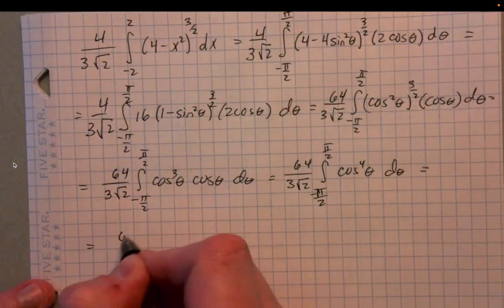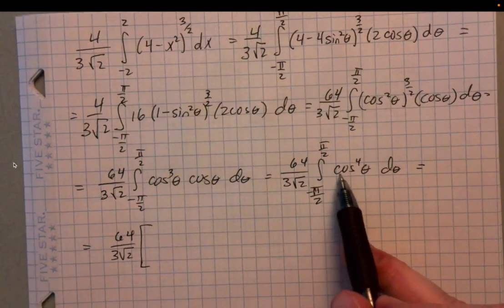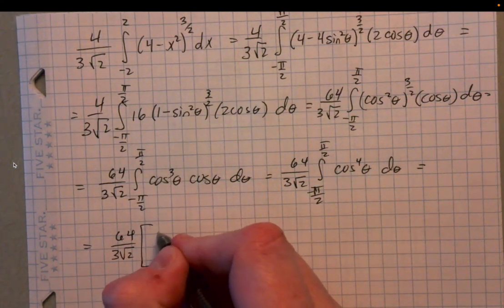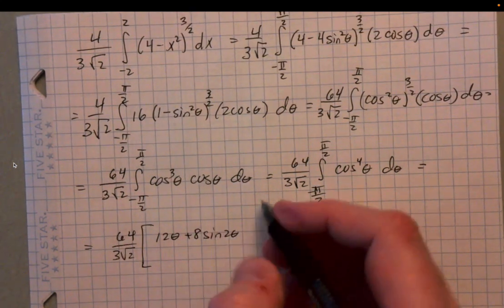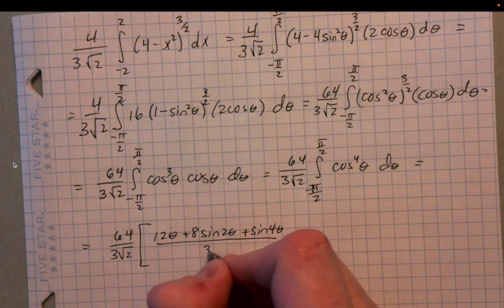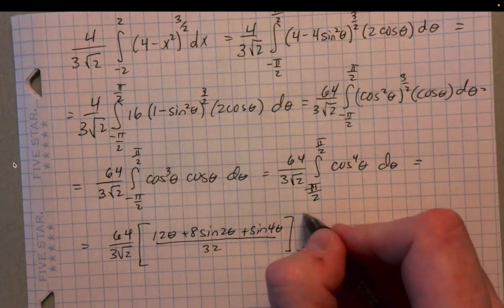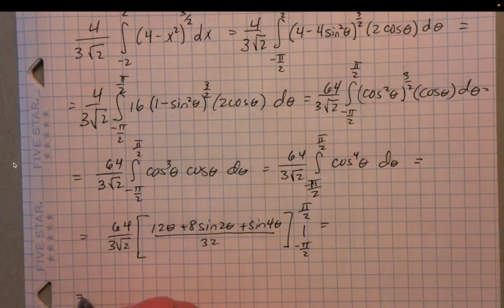On the outside, you still have the constants that you've been bringing along the whole time, but this cosine theta all raised to the 4th power is going to be equal to 12 theta plus 8 sine of 2 theta plus sine of 4 theta, all over 32. And that needs to be evaluated from negative pi over 2 to positive pi over 2. Okay. And so that last stretch is tedious, but not too bad.